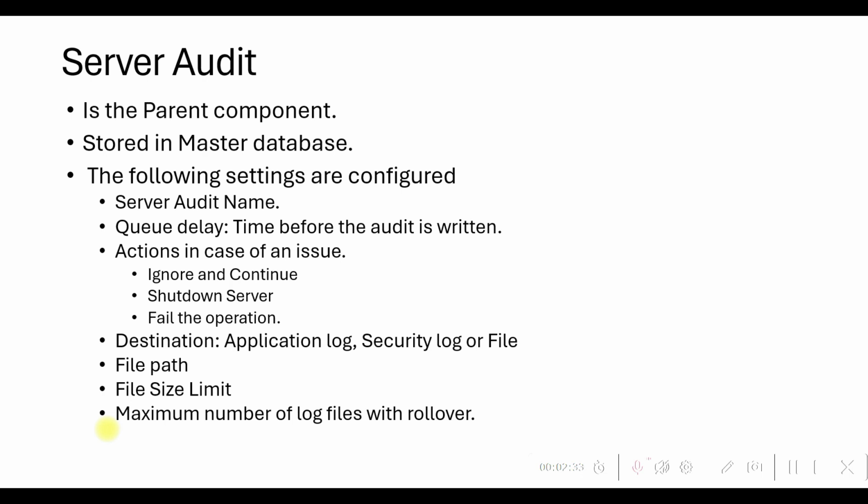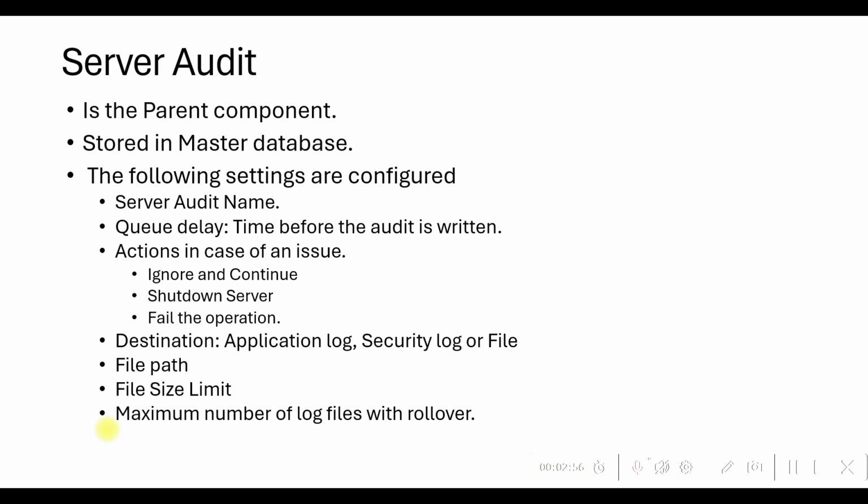The first one is the server audit name. Basically, that is the name that you want to give to your audit, whatever you like. And then the second option is the queue delay. That is quite important and interesting. It specifies the time before whatever is happening on your server is written to your destination.